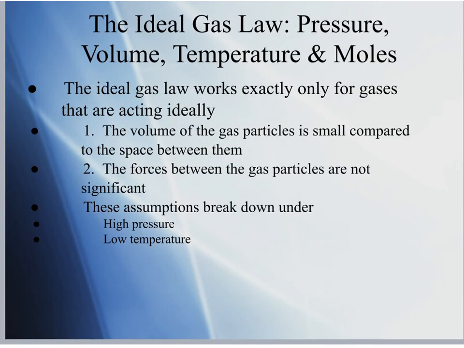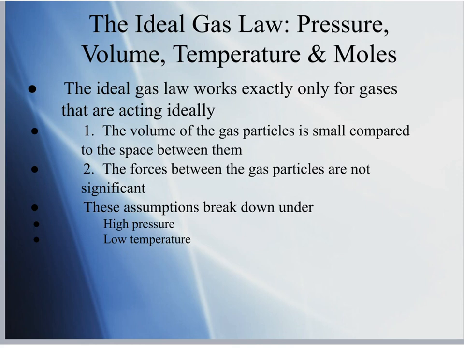All right, so we've come to our last slide here. This is just a little caveat slide, a little, hey, there are some exceptions to this rule slide. Basically, the ideal gas law only really works for gases that are acting ideally. That's why it's called the ideal gas law. A gas that is behaving ideally is one where the volume of the gas particles is small compared to the space between them.